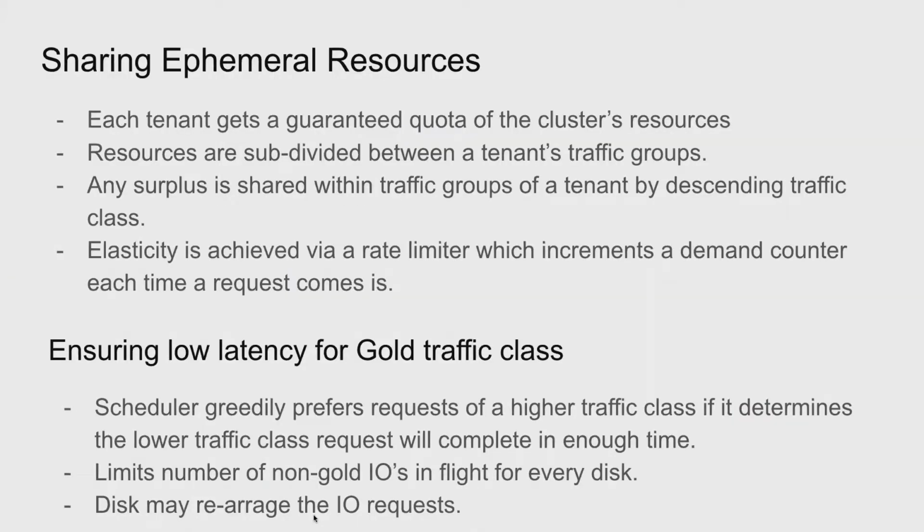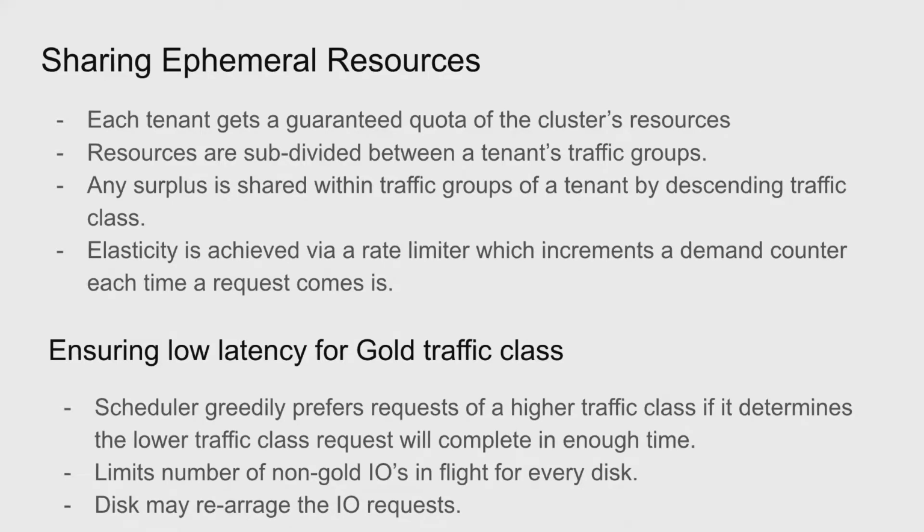First of all, each tenant gets a guaranteed quota of that cluster's resources, and those resources are subdivided between the tenant's traffic groups. All of the surplus that you might have for those traffic groups, you can share among them by descending traffic class. This ensures that spare resources are used by the groups of the same tenant first before they are distributed to other tenants.